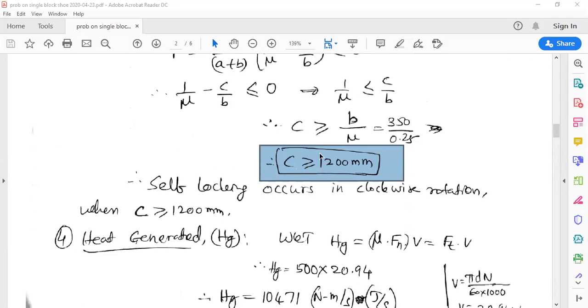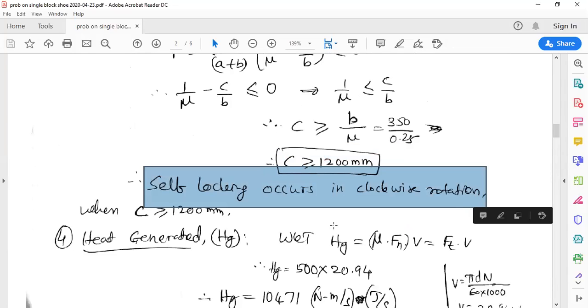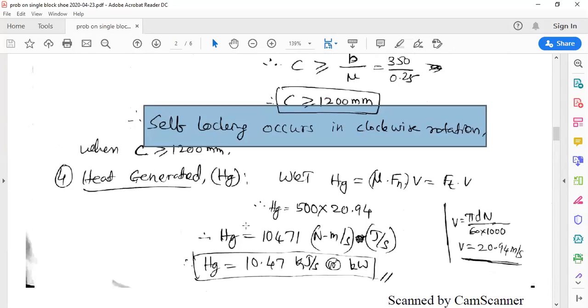If the value reaches 1200 mm, then the brake becomes self-locking. This is only possible when the drum rotates clockwise.